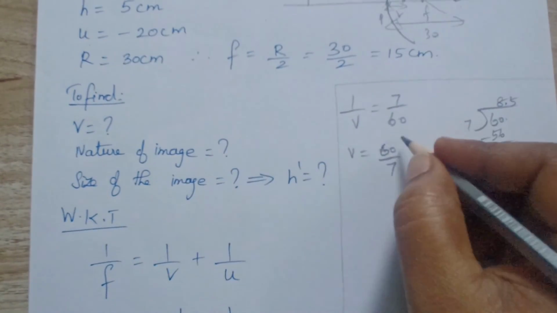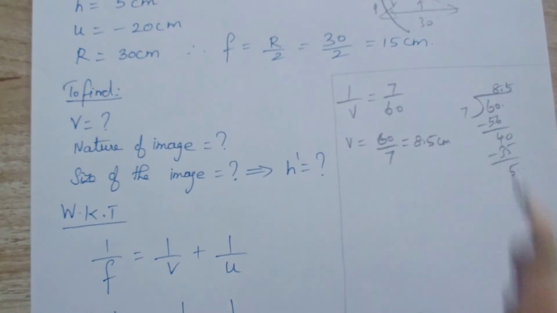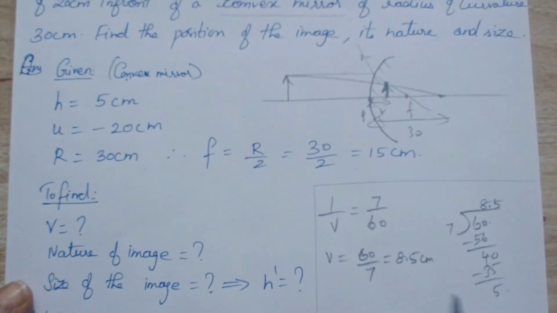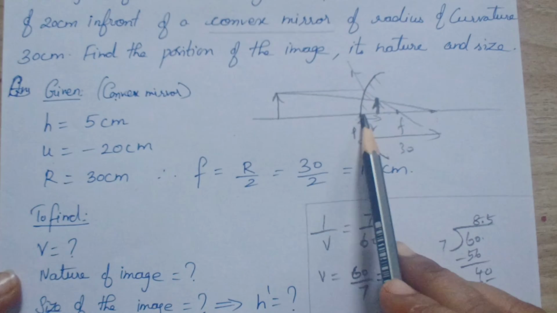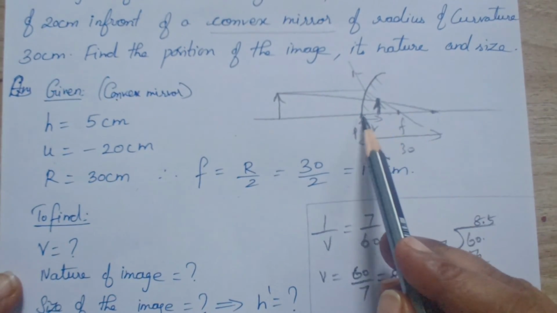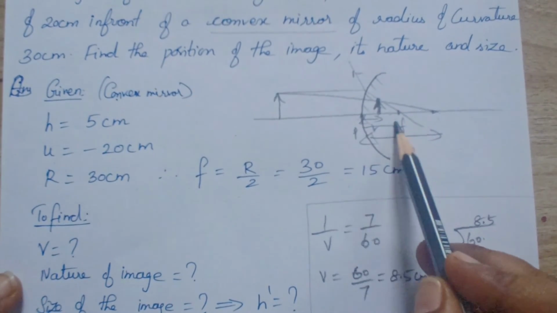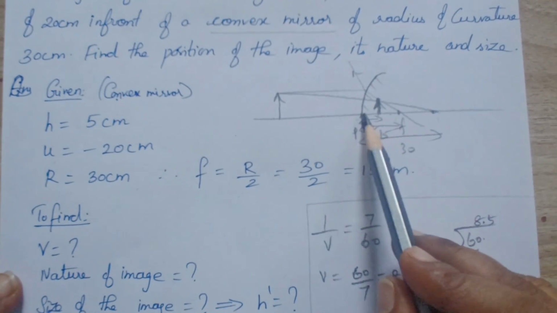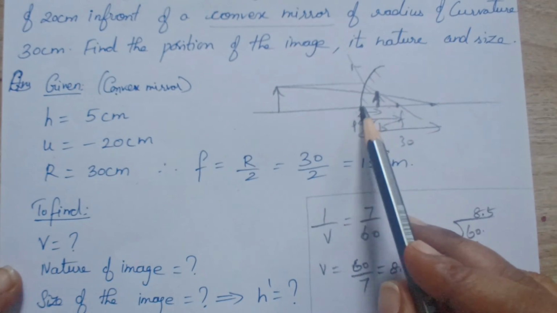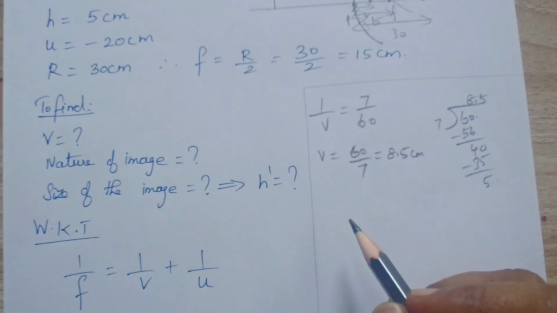You can take this as 8.5 centimeter. The v value has come in positive, so it lies on the positive side of the x-axis behind the mirror, 8.5 centimeter from the pole. Your focal length distance is 15 only, so 8.5 lies between the focal point and the pole. So we found the v value.